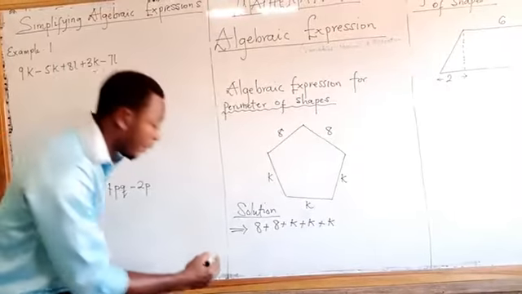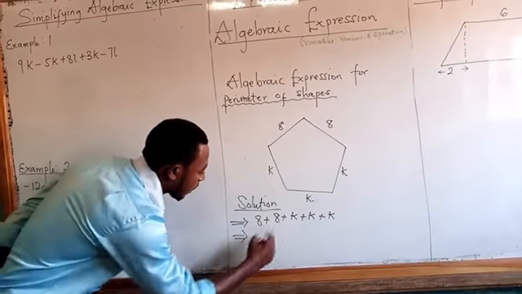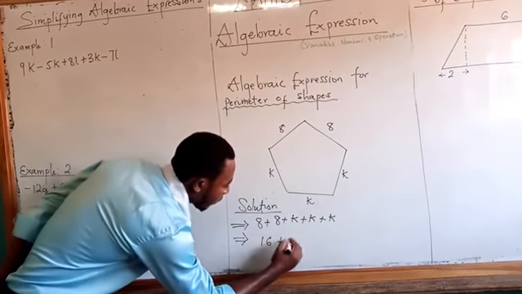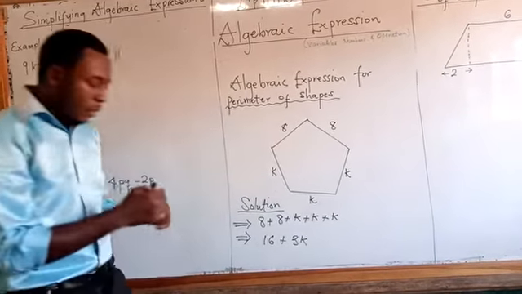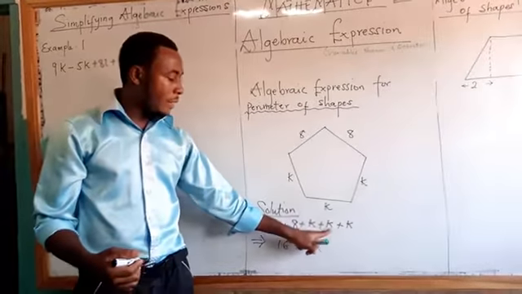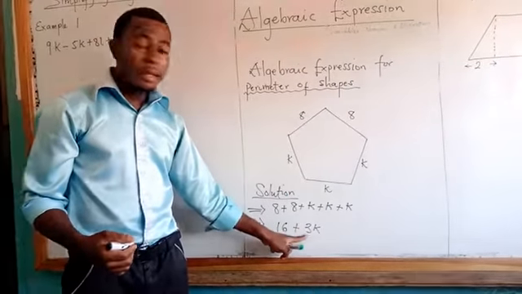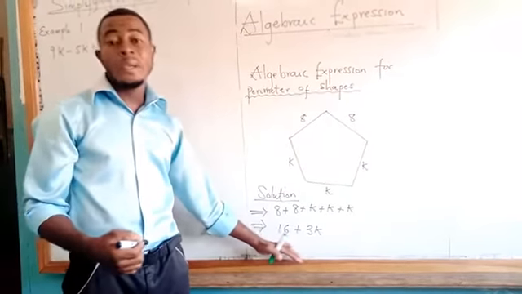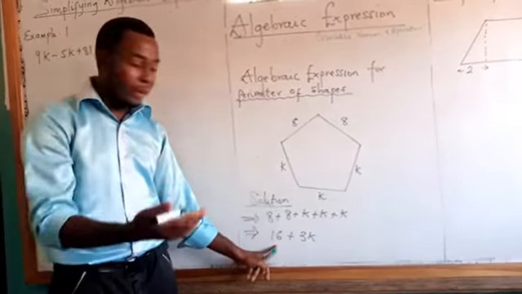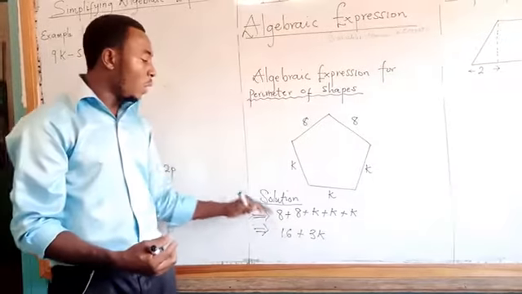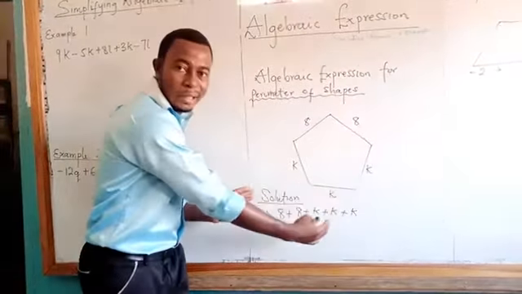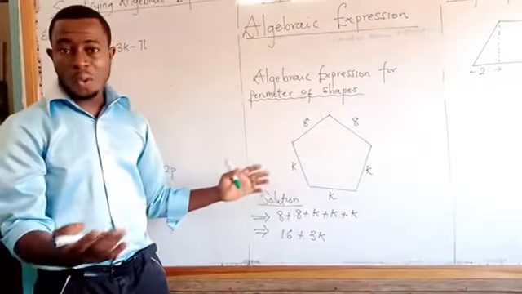So we move a step further. 8 plus 8 is giving us 16, and then k plus k plus k is also giving us 3k. Now you end here. You can't simplify it further because the variable that is here is different from the number that is there. And so you will need to try your hands on more examples going with this system and you'll be good to go.